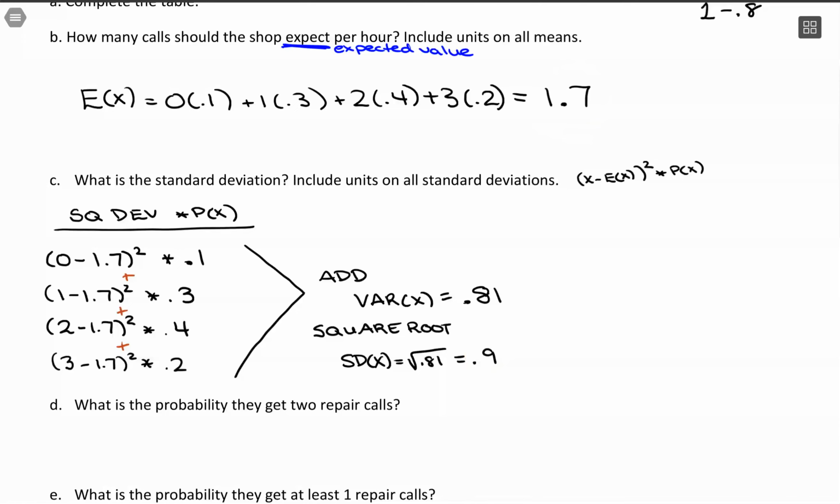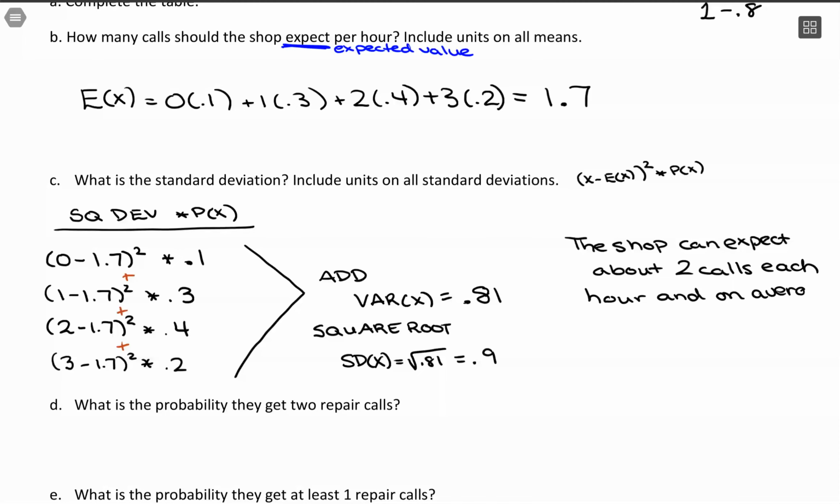So what I could say is the shop can expect about 2 calls each hour, and on average this will differ by about 1 call per hour.